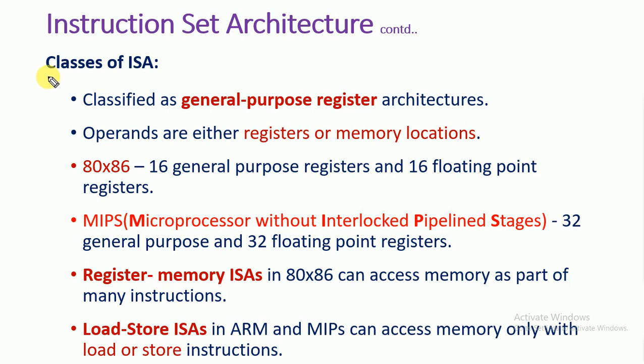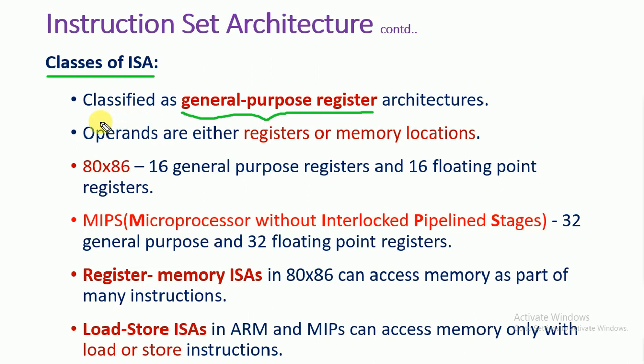First one is classes of ISA. Generally the instruction set architectures are classified as general purpose register architectures. Most of the instruction set architectures are classified as general purpose register architectures. They will be using some registers and memory.